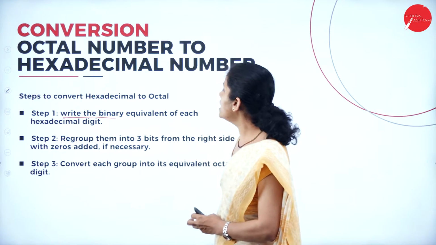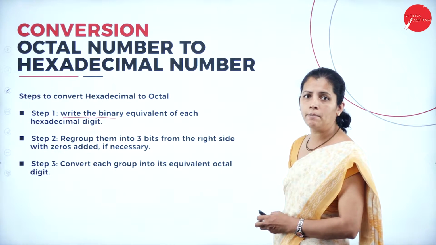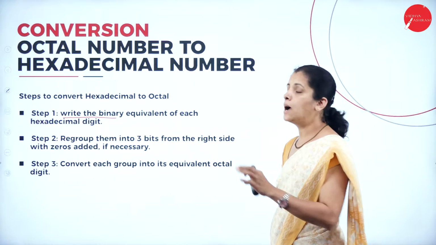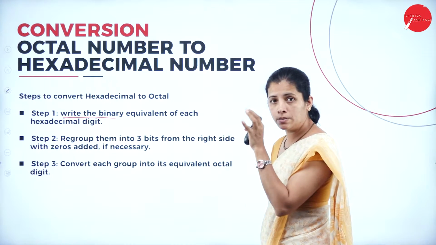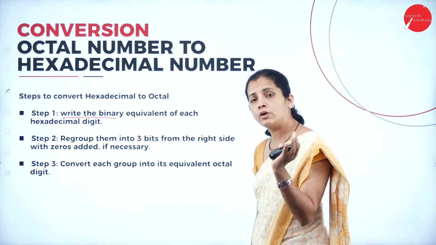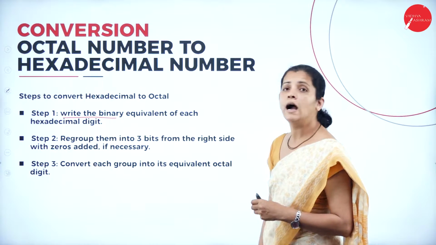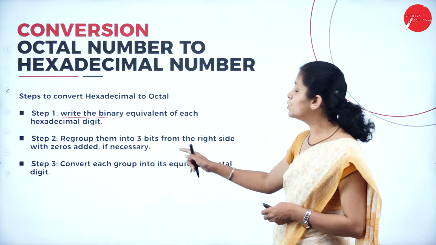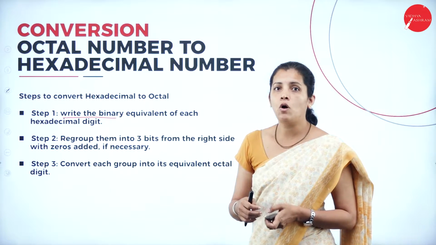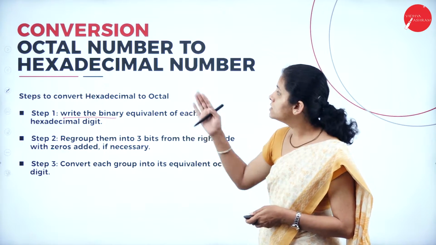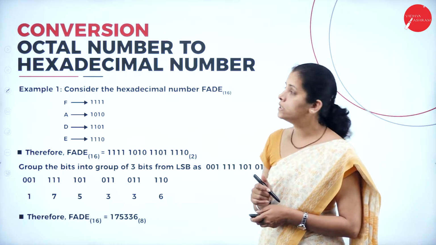First, write the binary equivalent of each hexadecimal digit, and while grouping, I want to group 3 bits together in order to get my octal number. So this is the way I can convert hexadecimal to octal.